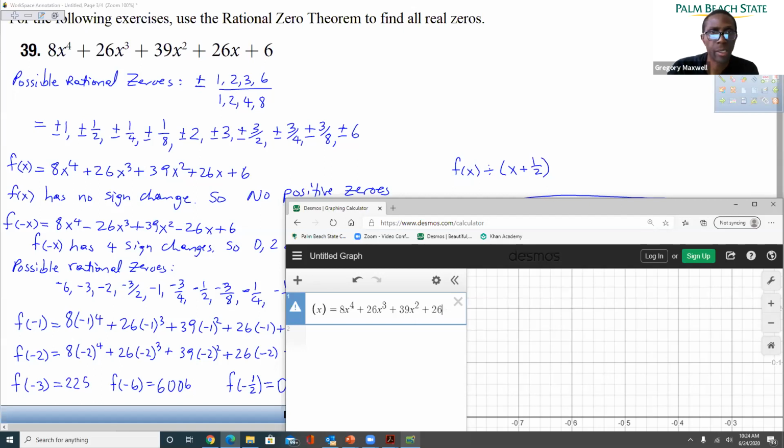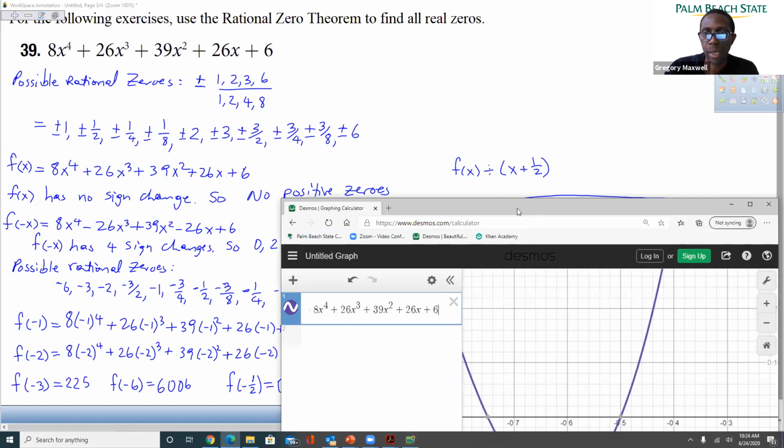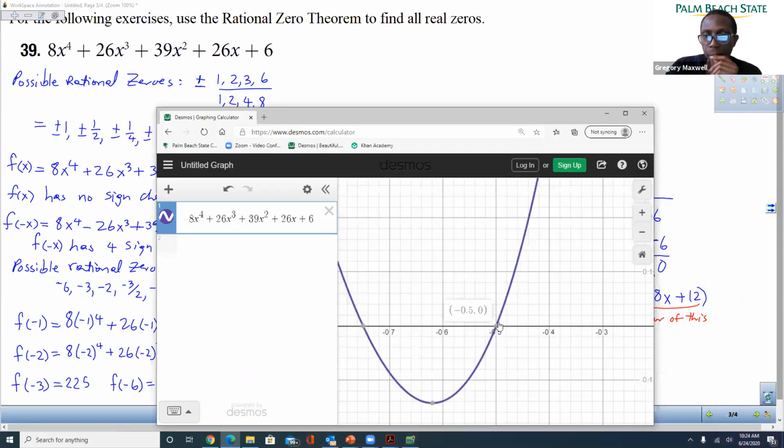Plus 26x plus 6. And there you have it. Negative 0.5 and negative 0.75. Do you see that? Do you all see what I just did?